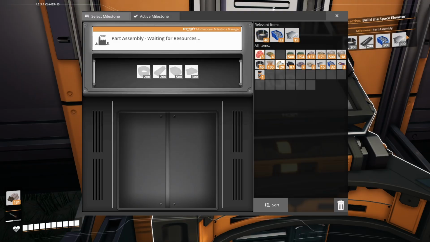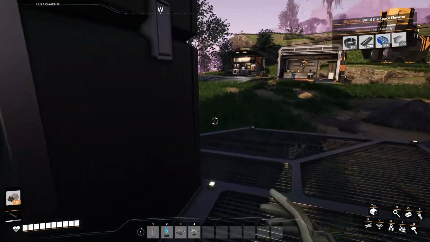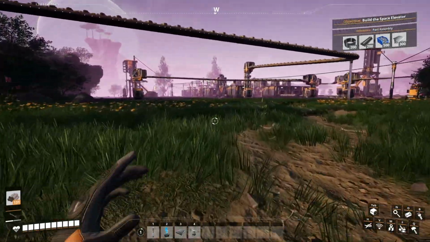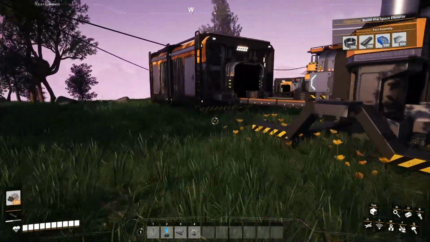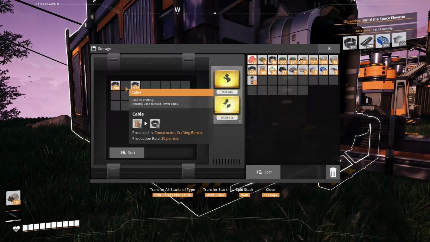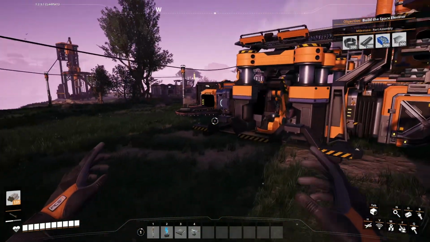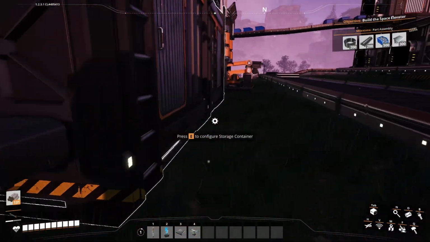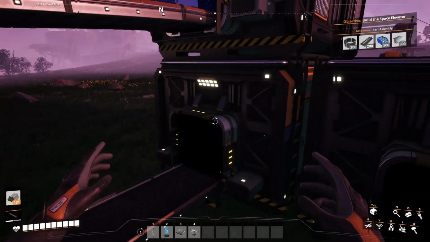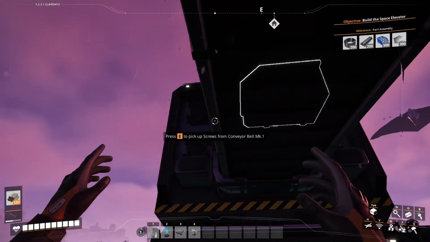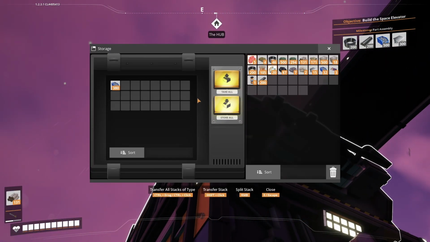Okay. What's next? Cables, rods, screws, and plates. So just all the things. There's 200 cable. Do I need 200 rods? 500 screws.